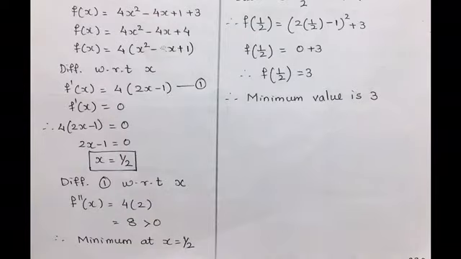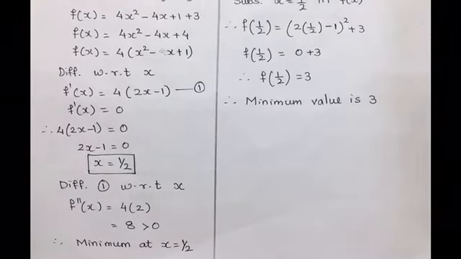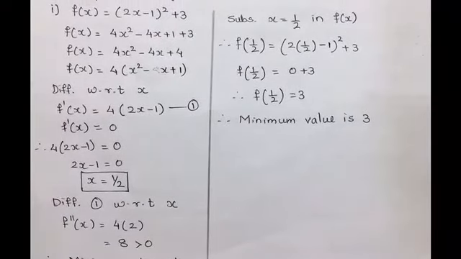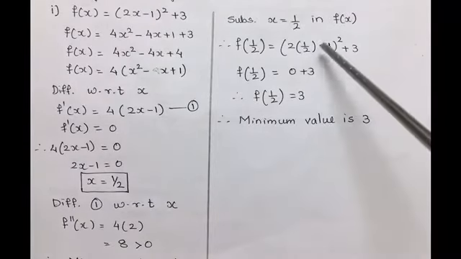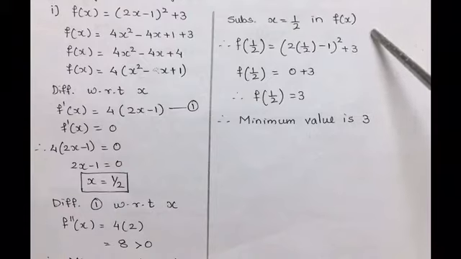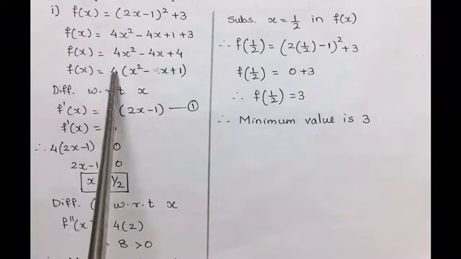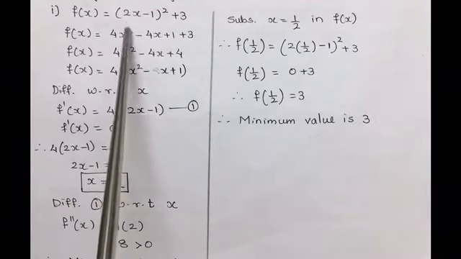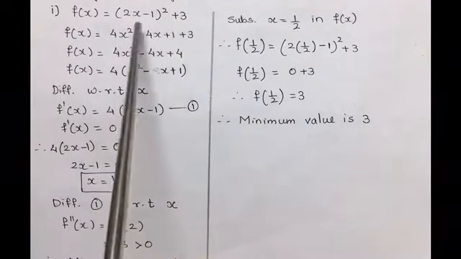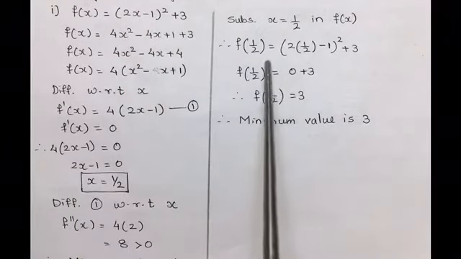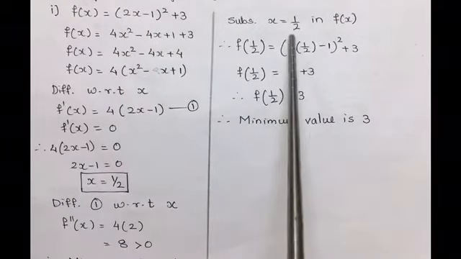Now how to calculate the minimum value of this function f? For that we need to take it up, substituting x equal to half in f(x). f(x) means the original function, that is (2x minus 1) whole square plus 3. That is the main f where we need to keep the value of x as half.